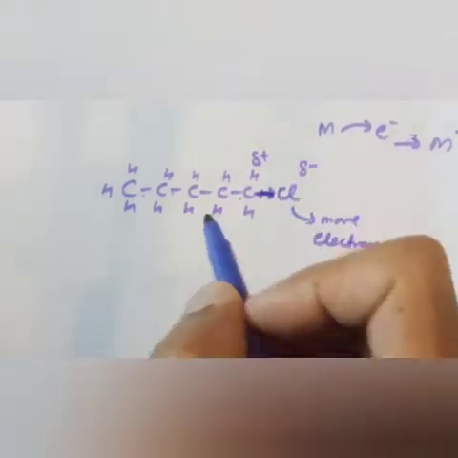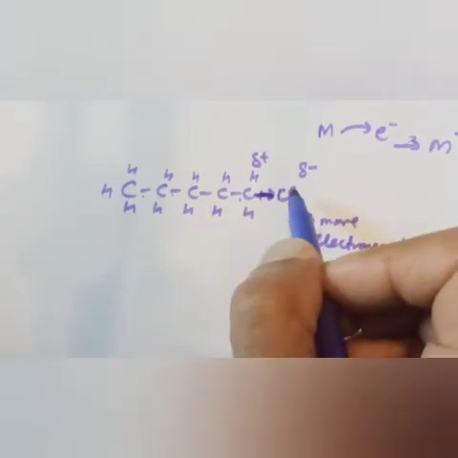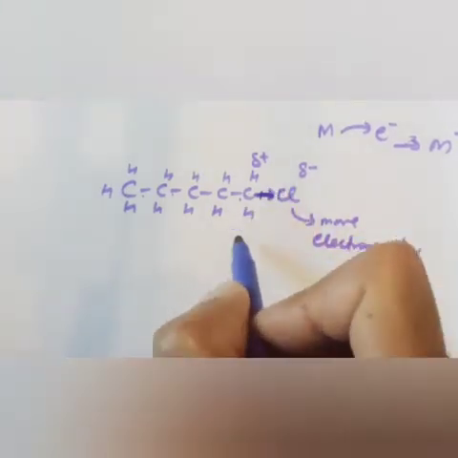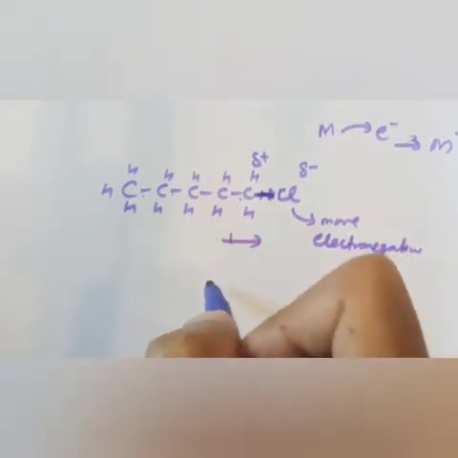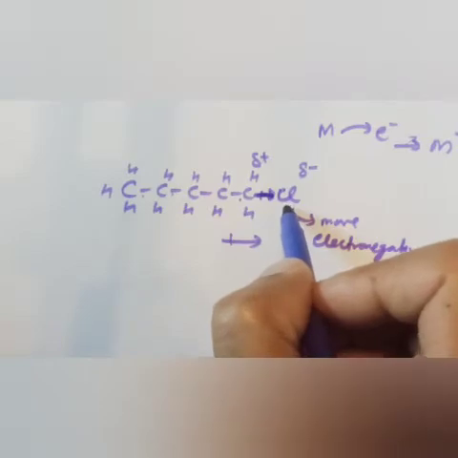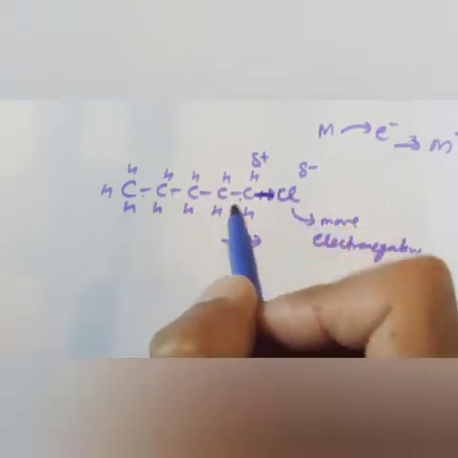Due to this partial positive and negative charge, the polarity that is produced in the molecule as a result of a highly electronegative atom compared to the other is called inductive effect.